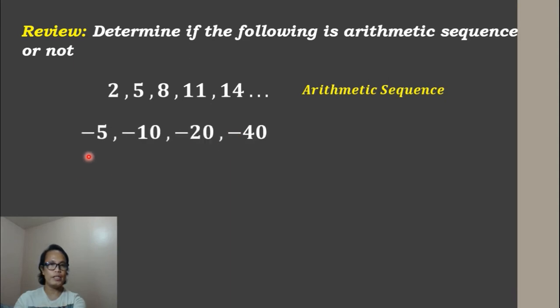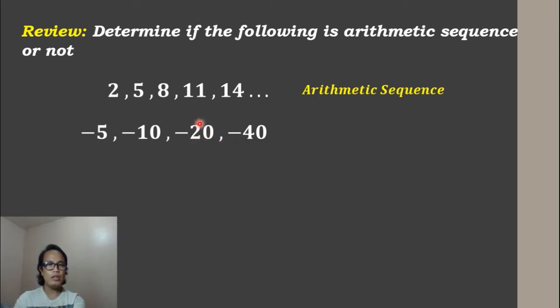For example, we are given the sequence negative 5, negative 10, negative 20, and negative 40. As you have observed, there are no ellipses after the last term, negative 40. This means that this sequence is a finite sequence. To check if this sequence is arithmetic or not, we determine if we have a constant common difference by subtracting, starting from the last term, negative 40 minus negative 20, which is negative 20.